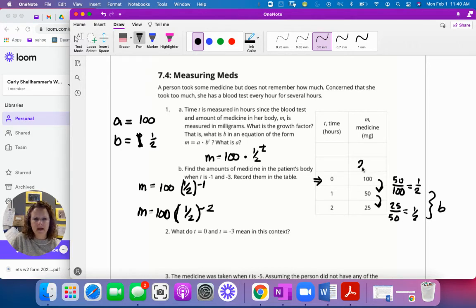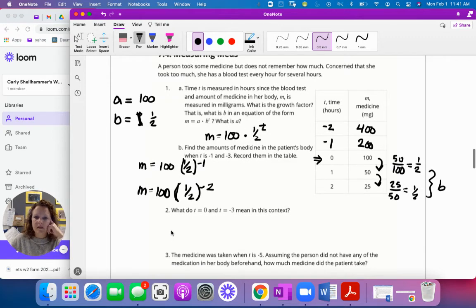So that means I'm going to have 200 milligrams and 400 milligrams because we're doubling the other way. Okay, I can check it on my calculator really quick. 100 times, I put parentheses, 1/2 raised to the -2, and I get 400. 100 times, parentheses, 1/2 raised to the -1, 200. We're good.